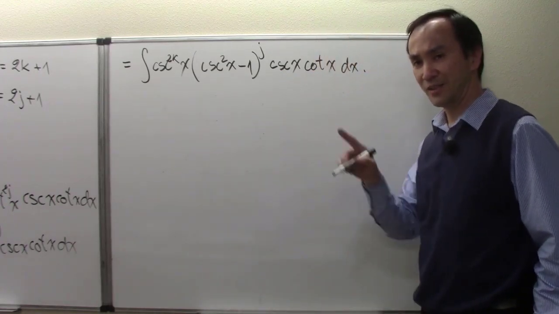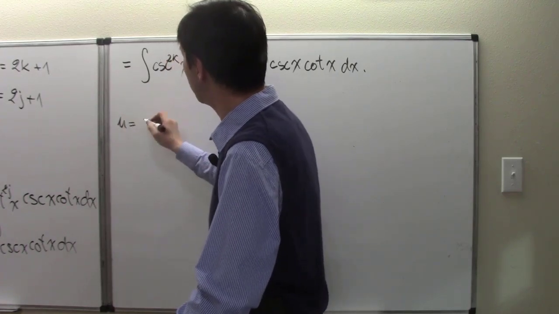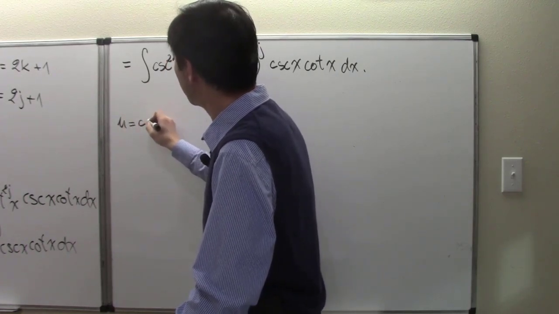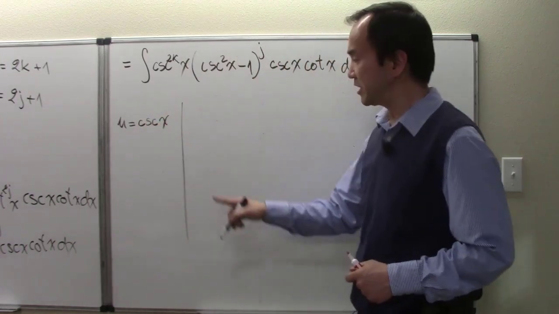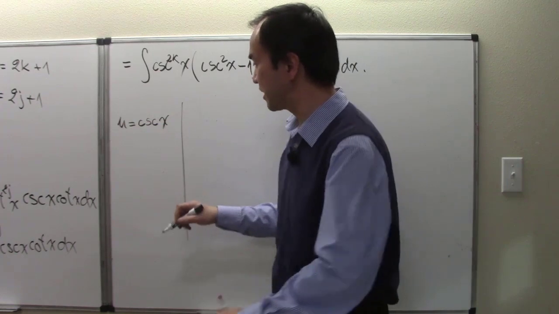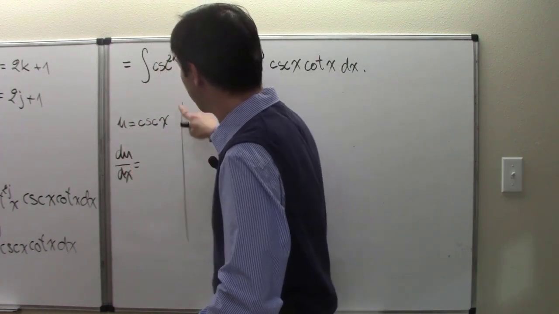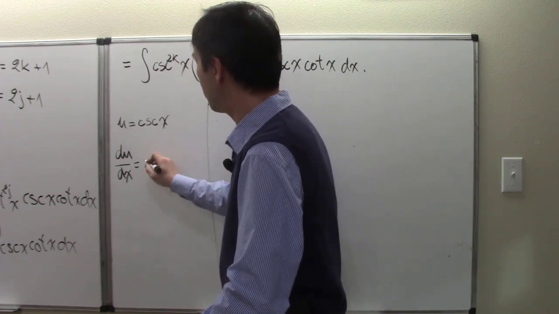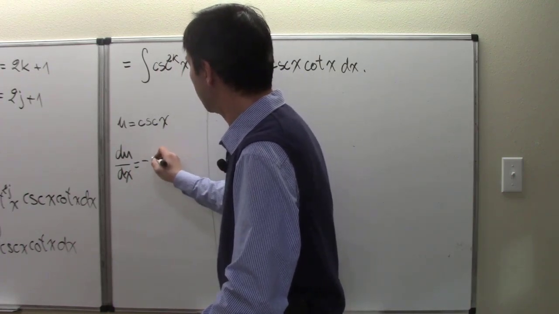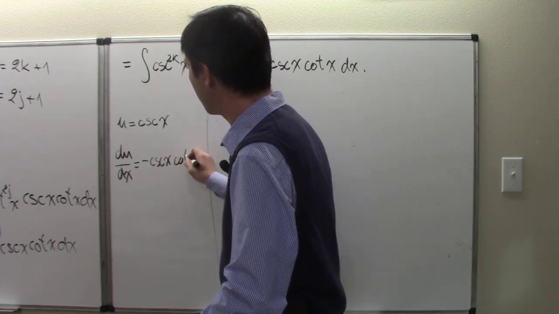At this point, we can go ahead and substitute u for cosecant of x. Substituting cosecant of x with u, we have du/dx equal to minus cosecant of x times cotangent of x.